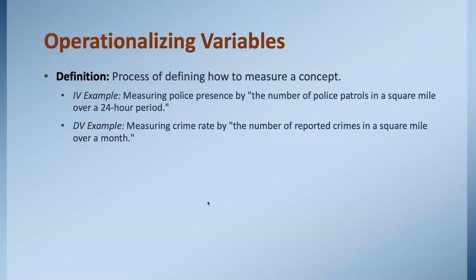For our dependent variable, we can operationalize by saying we're going to collect the number of reported crimes in a square mile over a month. Then we're going to compare those two numbers together through our statistics. By conceptualizing and operationalizing variables, we can ensure more clarity, consistency, and that we're genuinely measuring the concepts that we're studying.